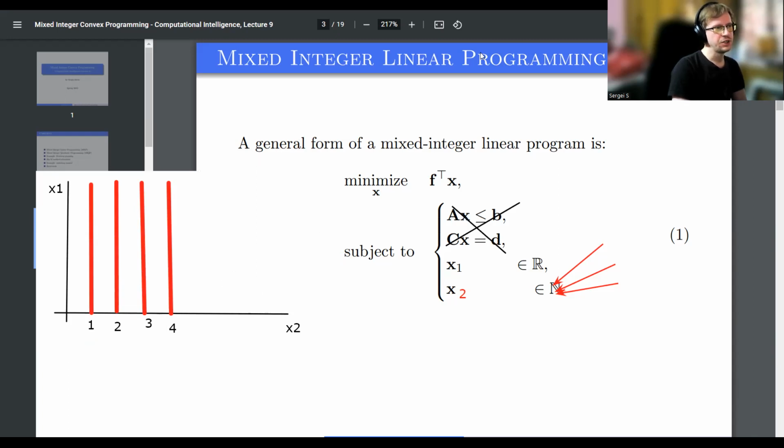Now, how can we prove that it is not convex? Someone tell me. How do we prove that it is not convex? Anyone? Actually, we can find a line between 3 and 4, which is not in the domain.